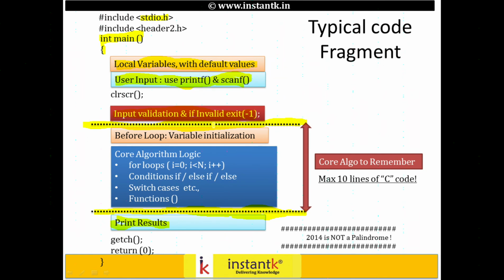There are a few other things. Every time you run, the same output keeps coming over and over, so the CLRSCR will help you to clear it. Use this mandatorily. And if you are using Turbo C or something, as soon as it runs, the window disappears. So keep the output window there.